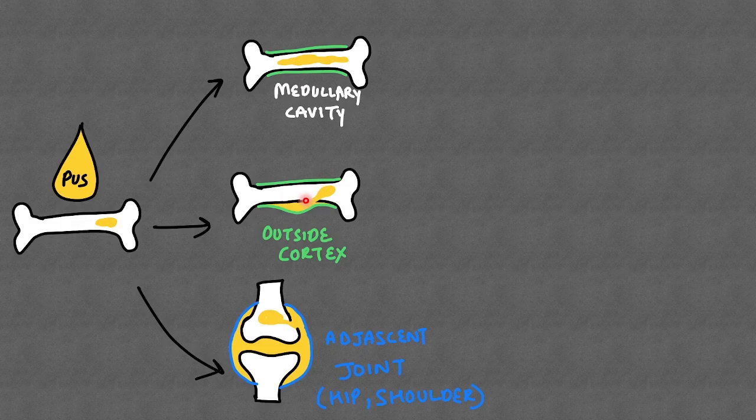It can break the outer cortex of the bone to lie under the periosteum to form a subperiosteal abscess, or the bone can be eroded and the adjacent joint which is near this bone can be involved to form a septic arthritis like condition. This condition can be seen commonly in the knee joint, hip joint and the shoulder joint.